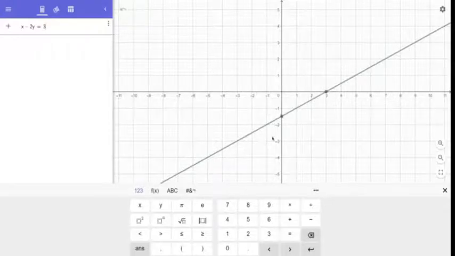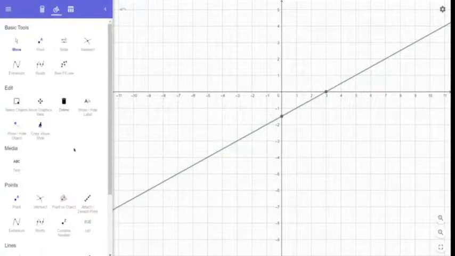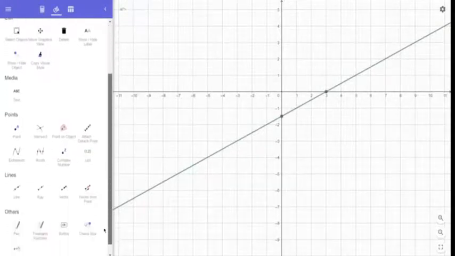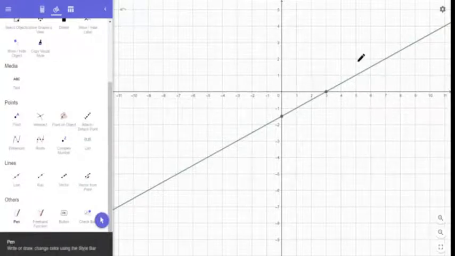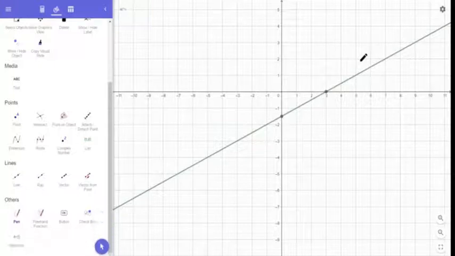So you got a line x minus 2y equal to 3. So this is the graph we have. Now let me take the pen here. So we have the equation here. That is, this equation is x minus 2y equal to 3.